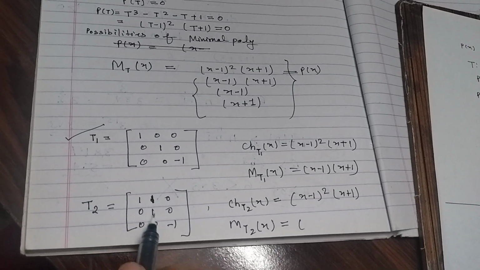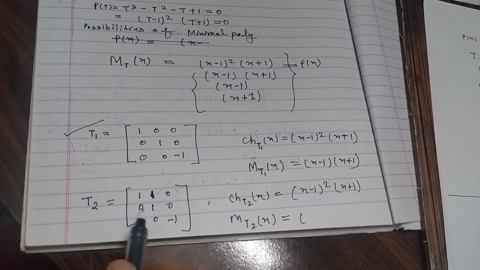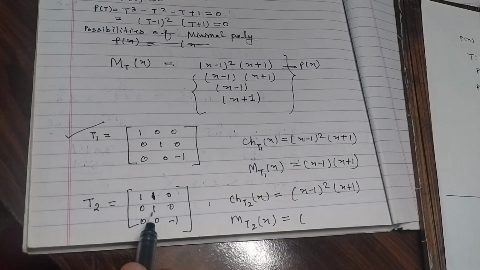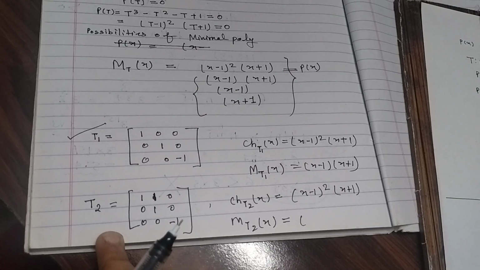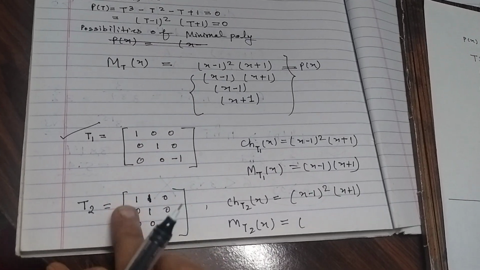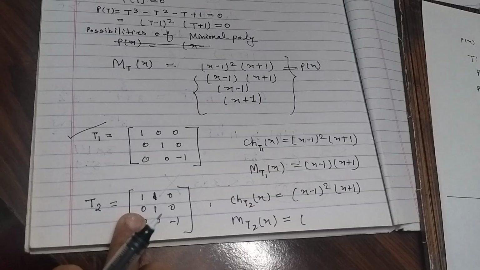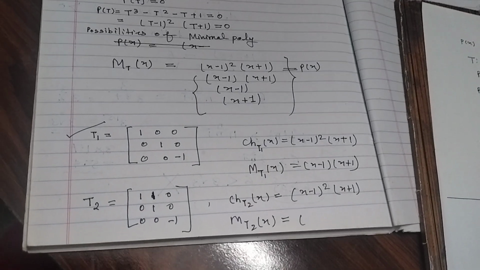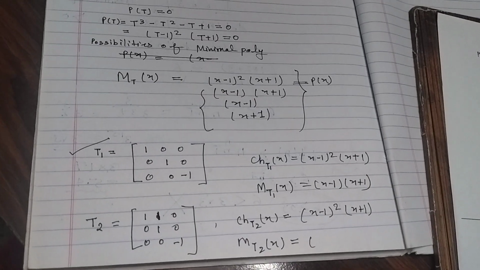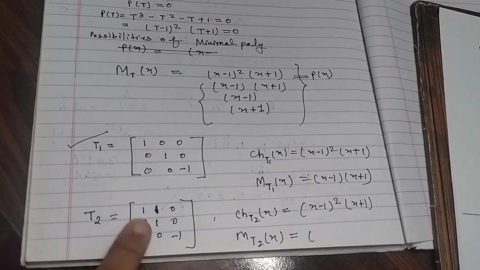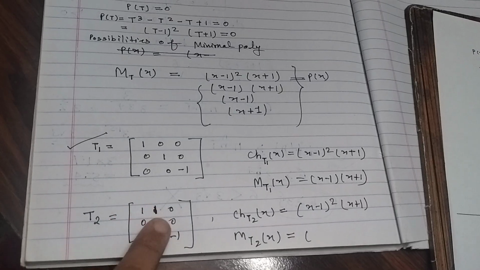It has eigenvalues 1, 1 and -1, but the algebraic multiplicity of 1 is 2 here, and we get only one linearly independent eigenvector for eigenvalue 1.